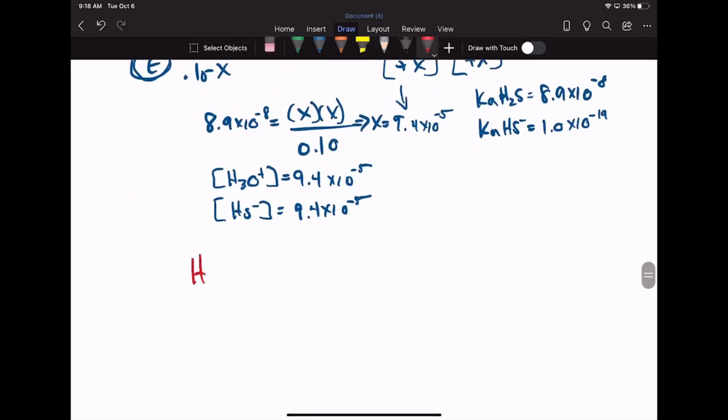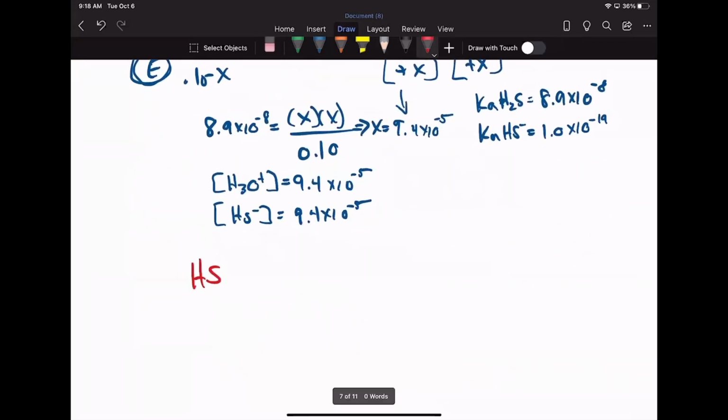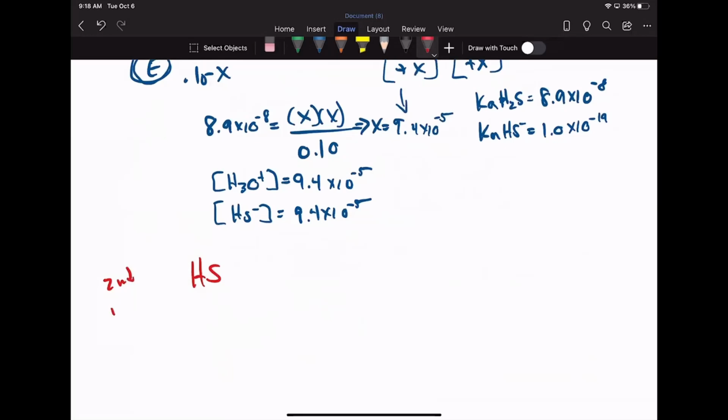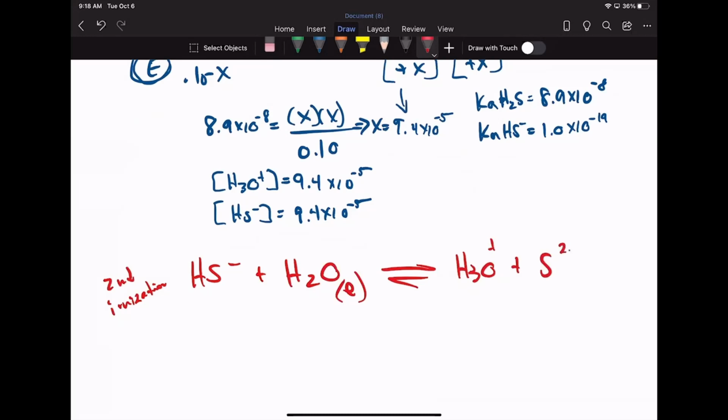So if I do HS minus, and this is going to be my second ionization, HS minus, plus we put it in water as normal, and I'm going to get H3O plus and some sulfide.